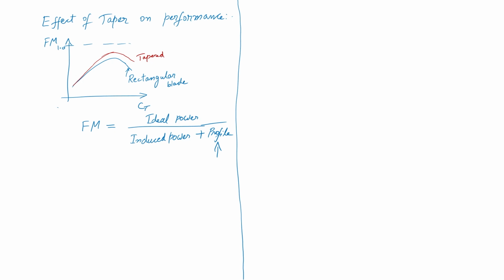If you want your rotor to be more efficient, you would want to minimize your profile power. I cannot minimize my induced power beyond a value, I can do some twisting and so on, but induced power is dependent on my thrust. Okay. So, if I demand a particular value of thrust, I cannot go beyond a certain level, but profile power I can minimize by doing taper, I can minimize by reducing my tip speed.